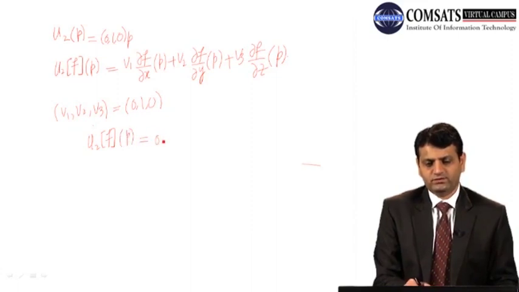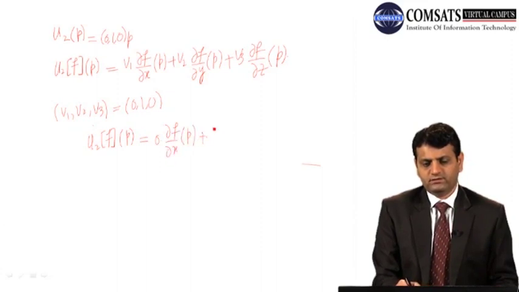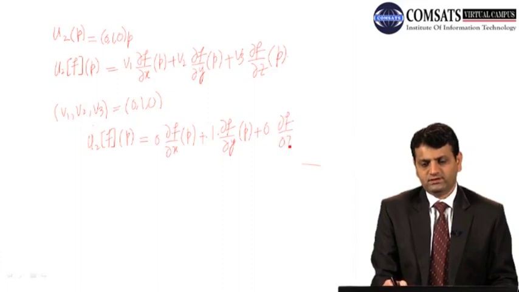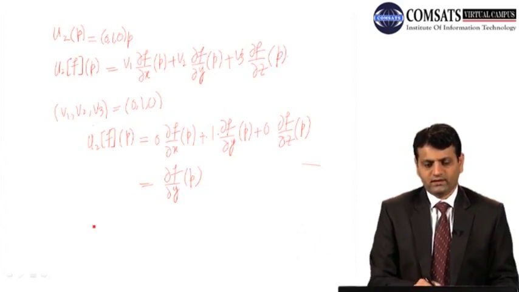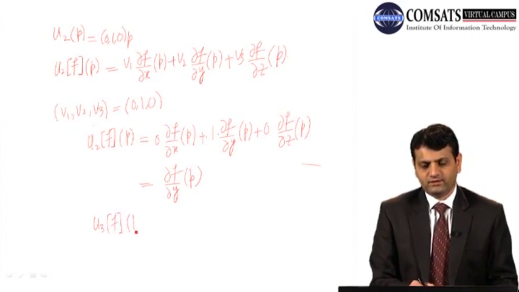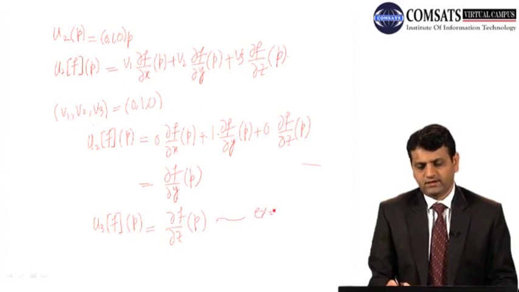This is just equal to 0 multiplied by partial f by partial x at point P plus 1 into partial f by partial y at point P plus 0 into partial f by partial z at point P, and this becomes partial f by partial y at point P. And similarly, we can see that the operation of the vector field u3 on f at any point P is partial f by partial z at point P, and I am leaving this as an exercise.